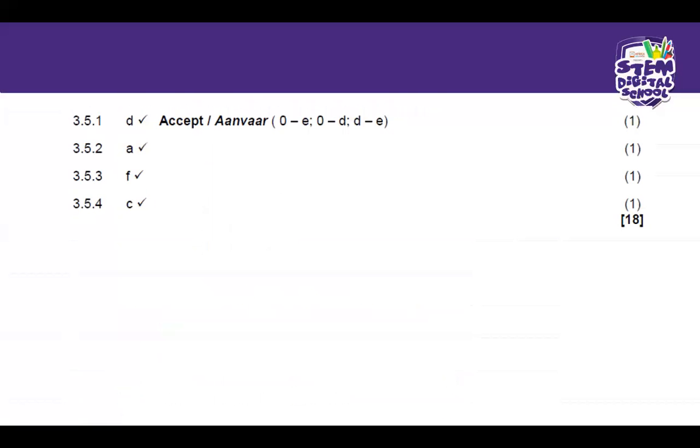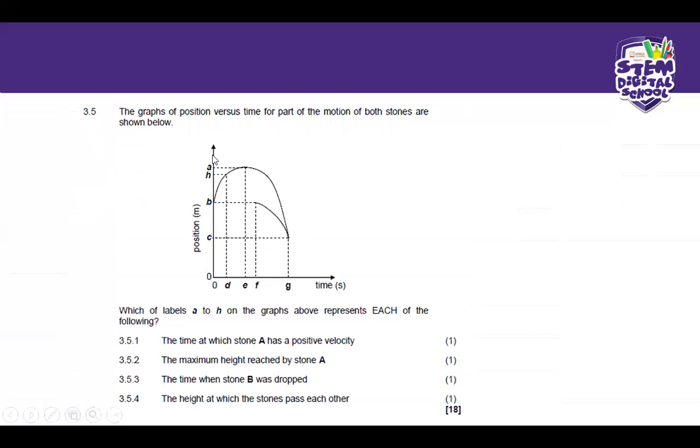The maximum height reached by stone A is going to be at point A, but it's also at point E, so it could be E or A. Oh, but they asked labels A to H. Now they want to know the time when stone B was dropped.